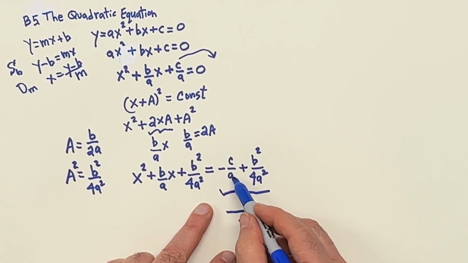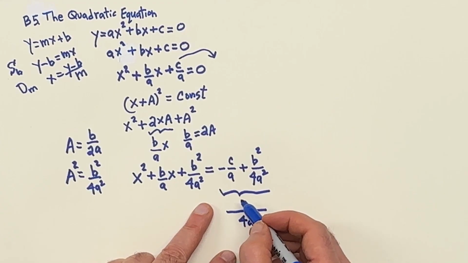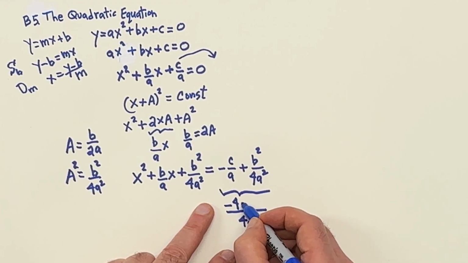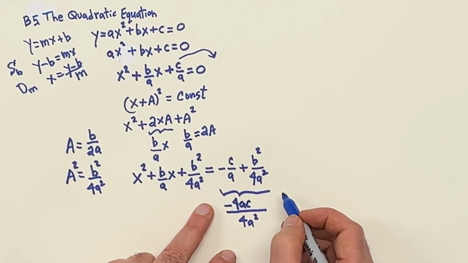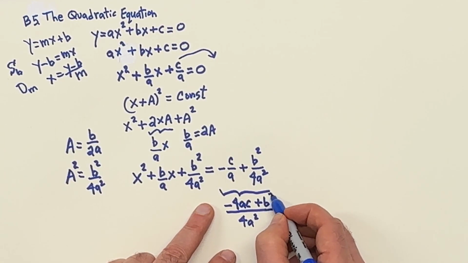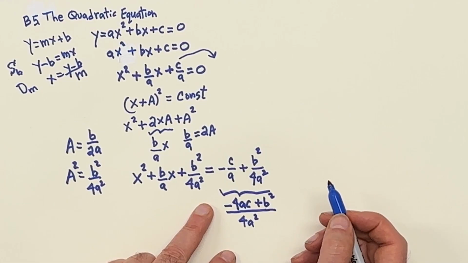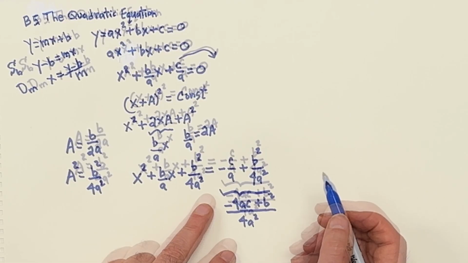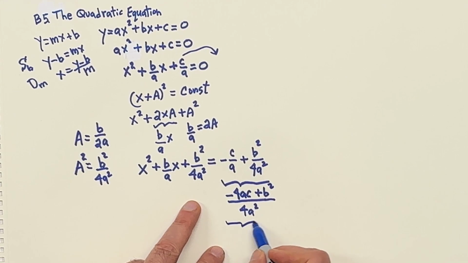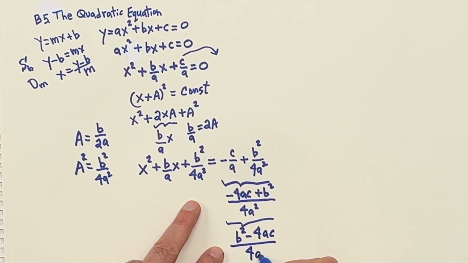So this here would have to be a minus 4ac, and then this is still your b squared, no problem. Now we usually like to write this with the b term first. B squared minus 4ac over 4a squared.